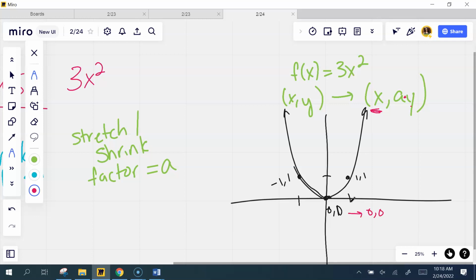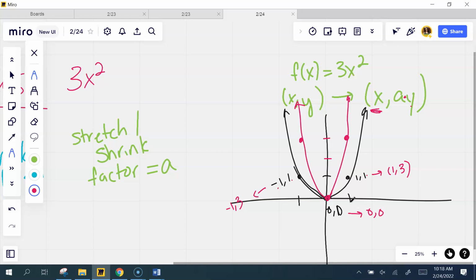Because 3 times 0 is 0. (1, 1) is going to become, the x stays the same, but then I have to do 1 times 3, which is 3. So this new point is going to become (1, 3). This point, the x stays the same, but I multiply the y by a, so it becomes (negative 1, 3). So the red one or the pink one in the middle there is my new transformed graph.